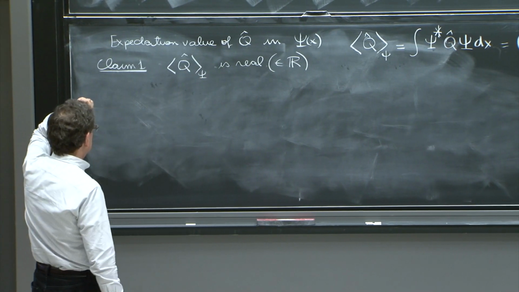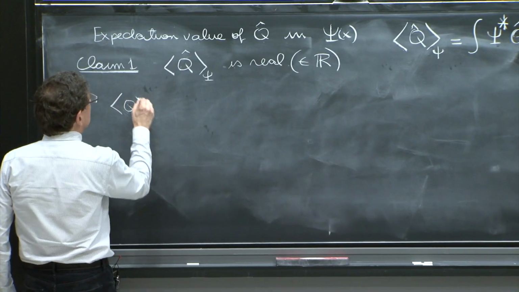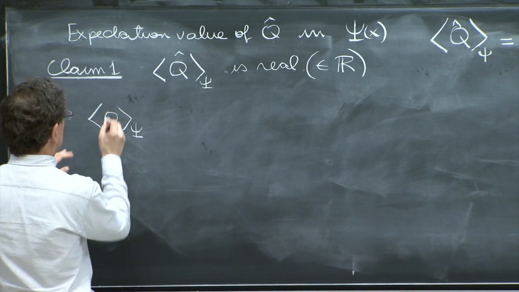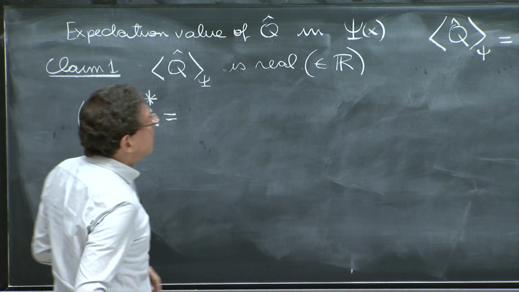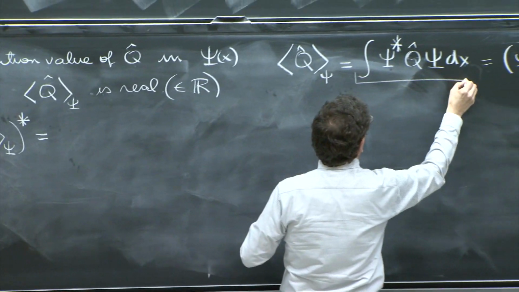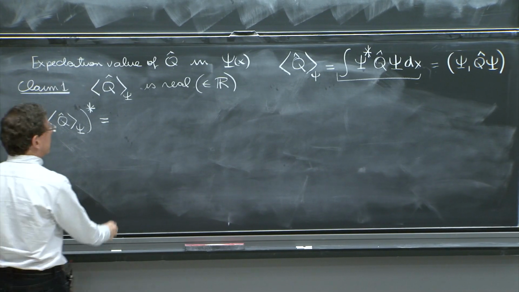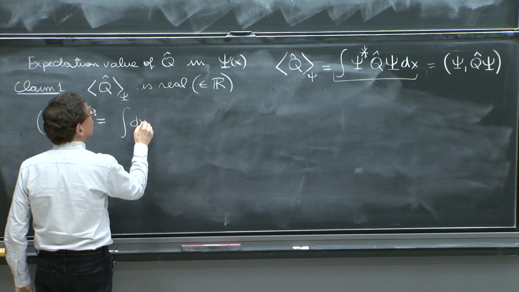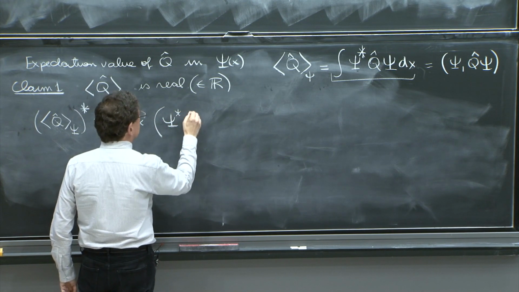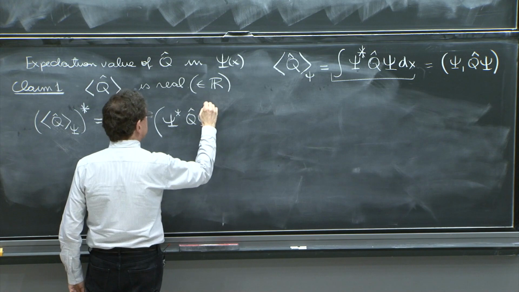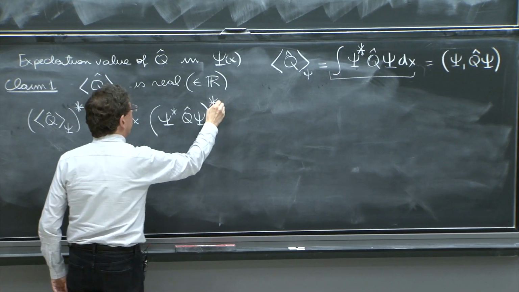So let's see what this is. Well, that's the expectation value of Q in psi. If I complex conjugate it, I must complex conjugate this whole thing. Now, if you want to complex conjugate an integral, you can complex conjugate the integrand. Here it is.